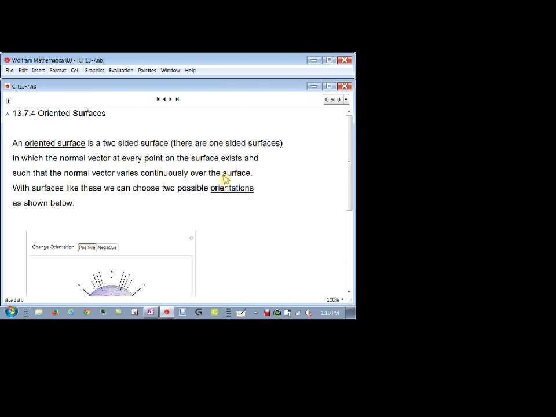So all this is saying is that if you have some surface out there, if it's going to be an oriented surface, that means that at every point there is some normal vector, and as you move across the surface, that vector changes continuously. Continuously means there's no crazy jump, like it's not like this, and then all of a sudden you get to here, and then boom, it pops off the other side. If it's going to change, it's going to change slowly or continuously. Does that make sense?